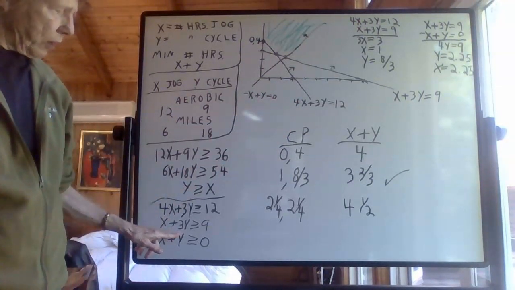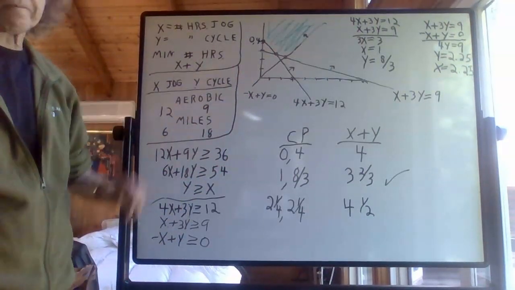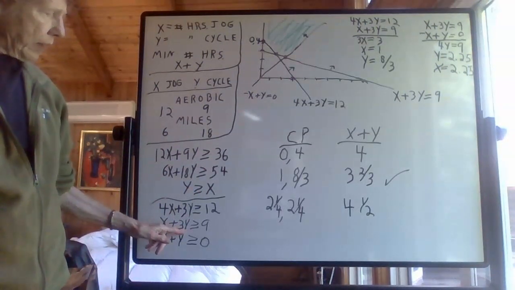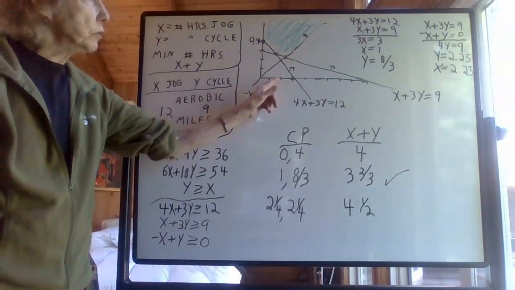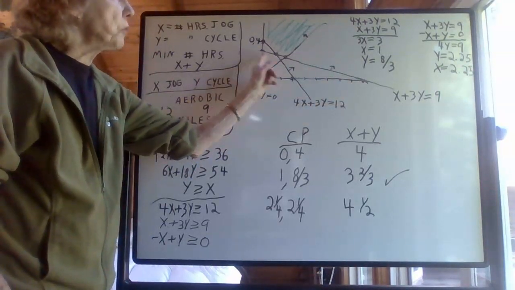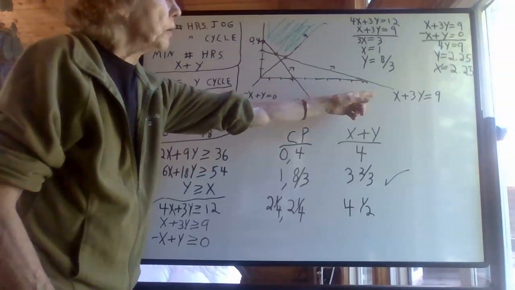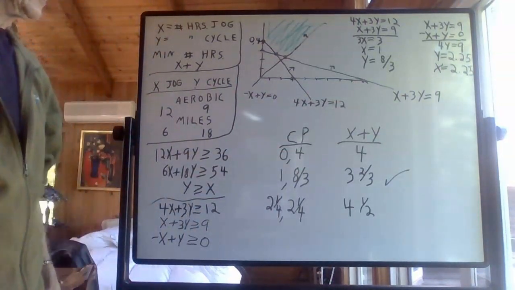Here, when x is 0, 3 into 9 is 3, so 0, 3, 1, 2, 3. And when y is 0, x would be 9. So 1, 2, 3, 4, 5, 6, 7, 8, 9. So 0, 3 and 9, 0. And then we label our line x plus 3y equals 9.